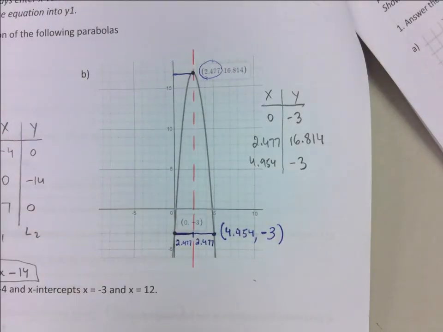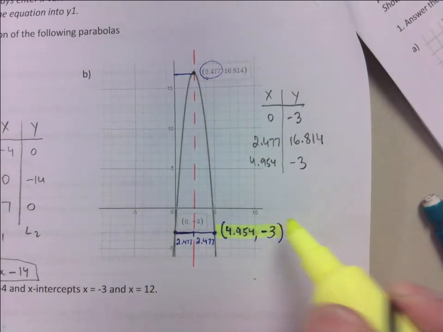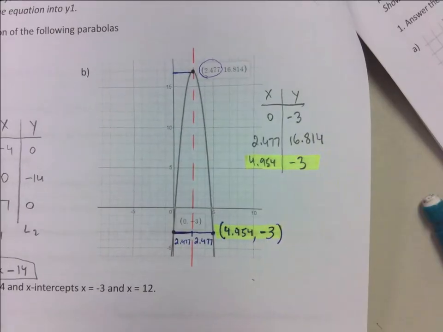And now I have everything I need to find the equation. I'm going to highlight this one. I'm going to highlight this one. I'm going to highlight that one. That is where everything was hinging on, is finding that third point.